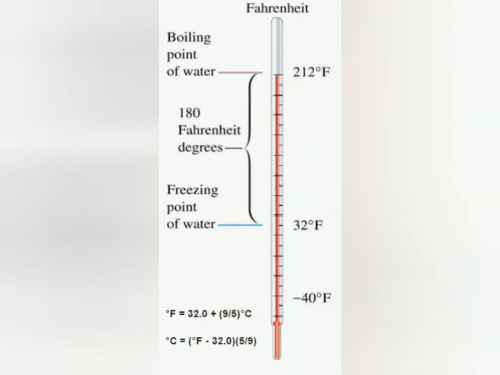This scale is indicated by degree F. On the scale, 32 degree F is taken as the melting point of pure ice and 212 degree F is taken as the boiling point of pure water. The difference between these 2 points is divided into 180 degrees.